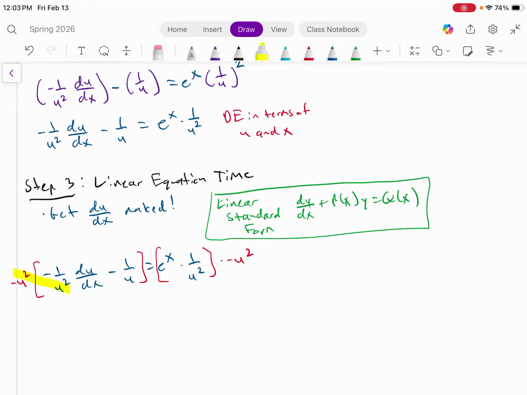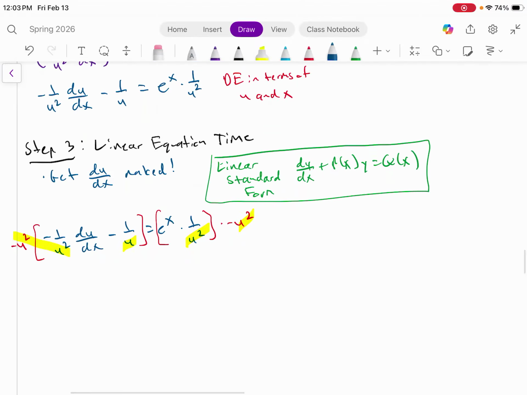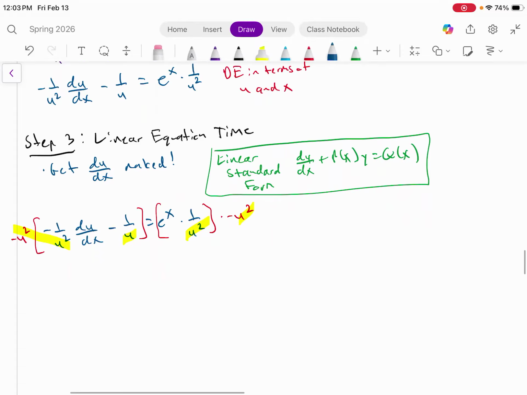And some things will also cancel out as well. On the right-hand side, the u squareds, the u in this denominator. And so what I'm left with is du over dx plus, negative times a negative is a positive, u equals negative e to the x.